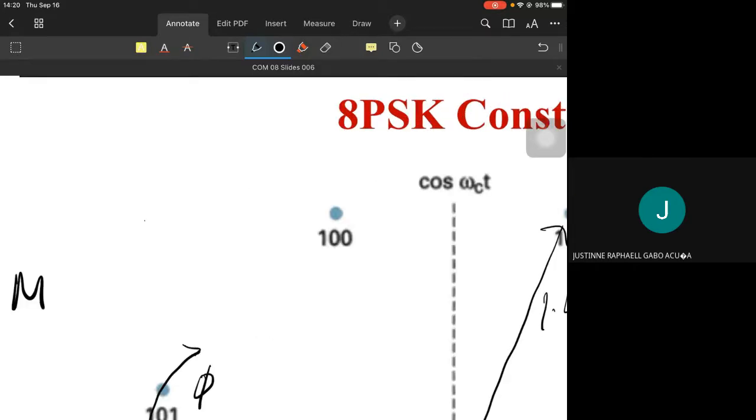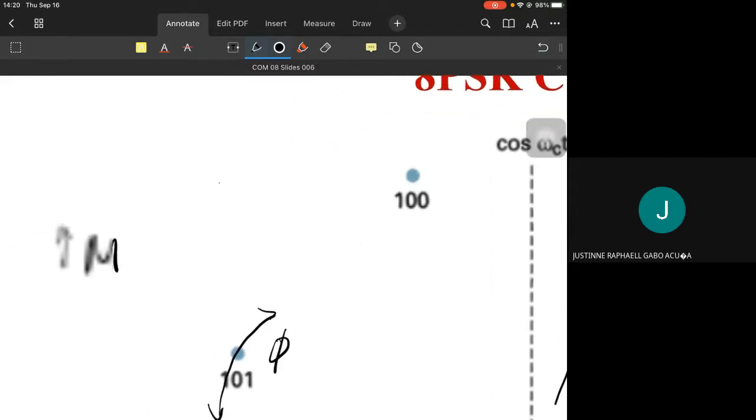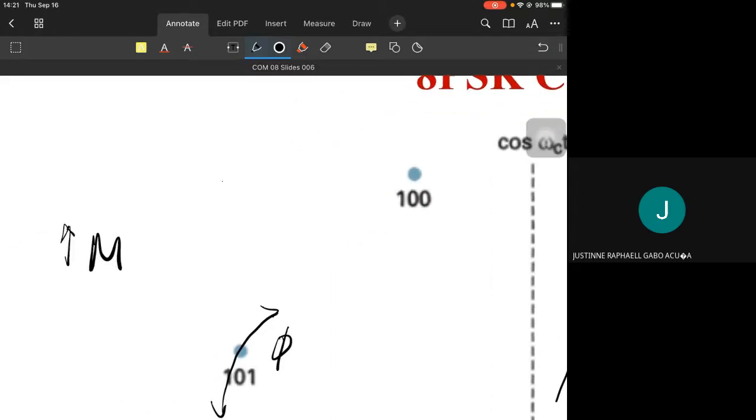When I say M, I mean the modulation scheme, like 16 PSK. The higher M goes, logically, the smaller the range between one symbol to another. So that's one disadvantage of 8 PSK compared to QAM.